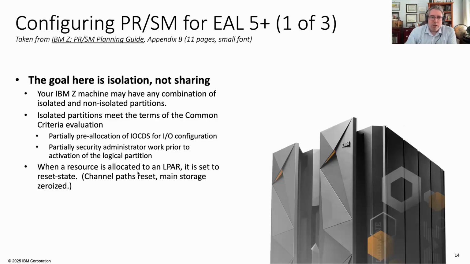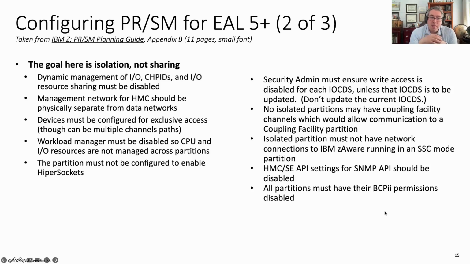You need to make sure that your security admin has done some work prior to the activation of partitions. That you've disabled dynamic sharing, that you need to separate the management network for the HMC. I'm not going to read every single one of these things, but you can see the bullet points starting to pile up. And I've made the font a little bit bigger than what you actually get inside of the PR/SM Planning Guide. So, first of all, you're welcome.